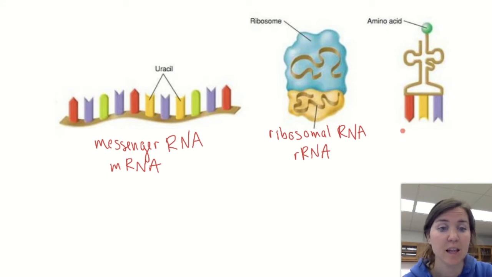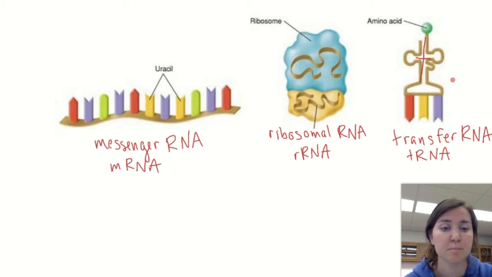And then this last type of RNA is called transfer RNA, or tRNA. You can remember that because it kind of looks like a T shape, right? What transfer RNA does is it brings amino acids to the ribosomes to make proteins.